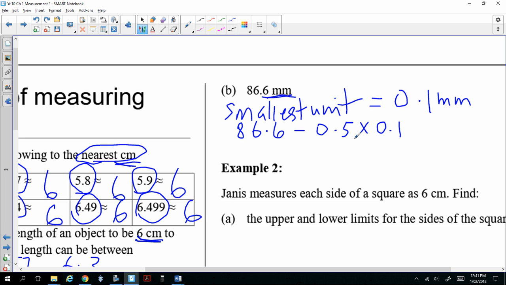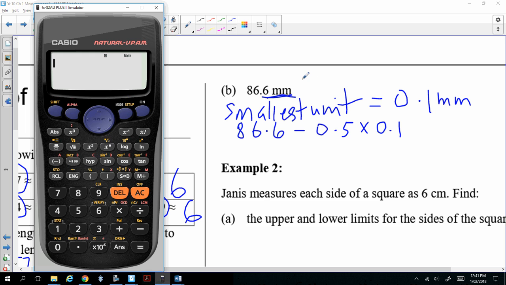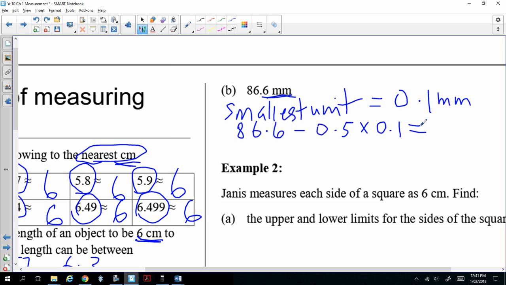So you do 86.6 minus 0.5 times 0.1. That gives you 86.55. So the smallest it could be is 86.55 mm.